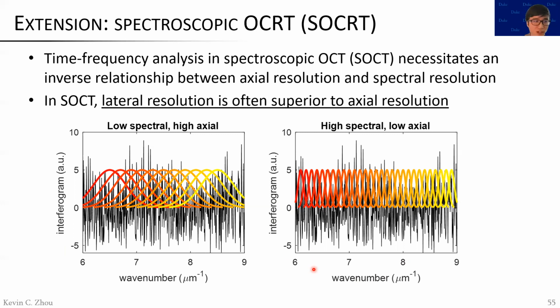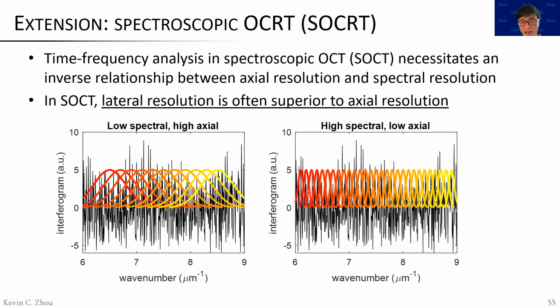For example, you can use a relatively broad spectral window on the OCT interferogram, and then you would get decent axial resolution, but poor spectral resolution, because that's defined by the width of this window. Conversely, if you narrow down this window, you would get nice spectral resolution, but now you've traded off your axial resolution.